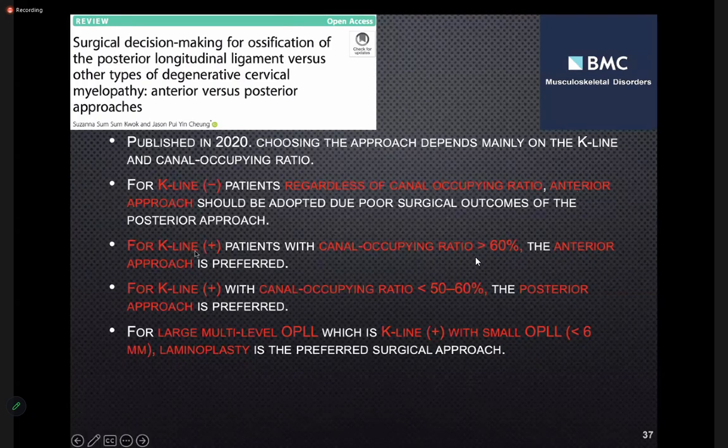For K-line positive with canal occupying ratio greater than 60%, the anterior approach is preferred. And for K-line positive with canal occupying ratio less than 50 to 60%, the posterior approach is preferred. Especially for multiple level OPL with K-line positive and small OPL, this means the ossified mass is less than 6 millimeters, laminoplasty is the preferred approach.